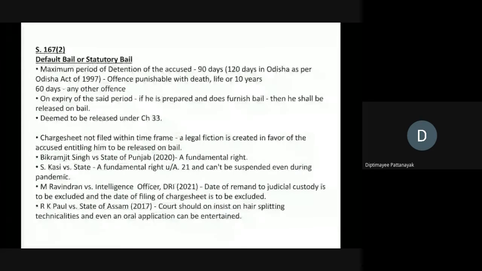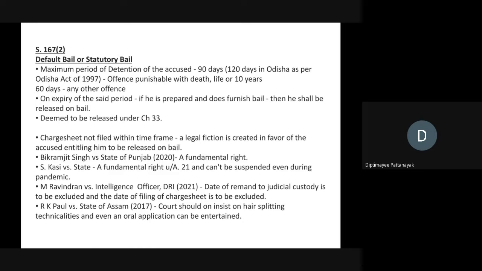That is why it is very important to know which it is. In Bikramjit Singh versus State of Punjab, the Apex Court made it clear that it is a fundamental right. In S. Kasi versus State, a very recent case of 2020, it was reiterated that it is a fundamental right under Article 21 and cannot be suspended even during a pandemic.